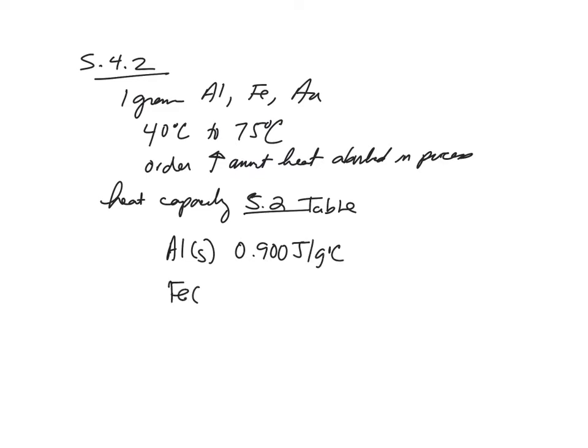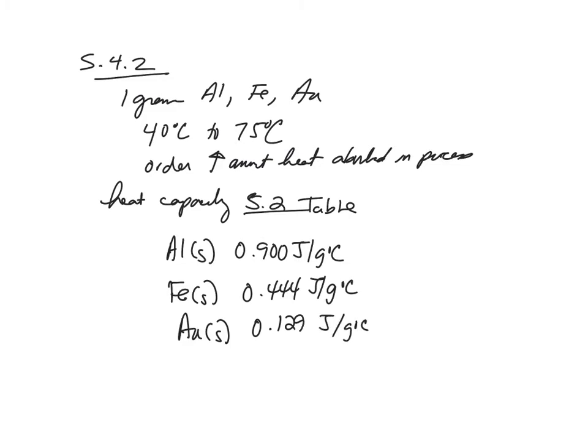Iron is 0.444 joules per gram per degree Celsius. And gold is 0.129 joules per gram per degree Celsius. And so the question asks you to order the amount of heat absorbed in the process.